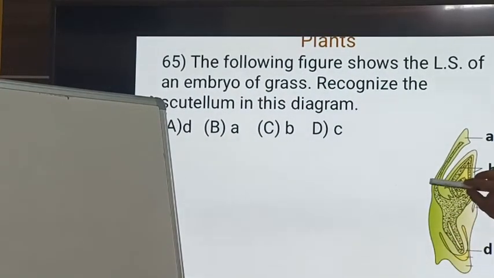The region above the level of this cotyledon is called epicotyl and the lower one is called hypocotyl.